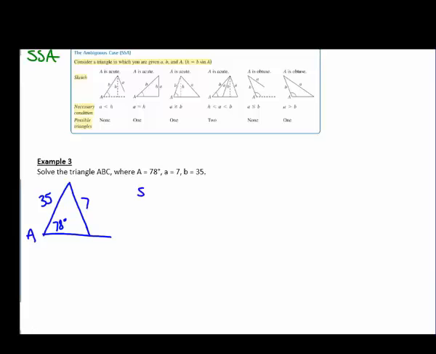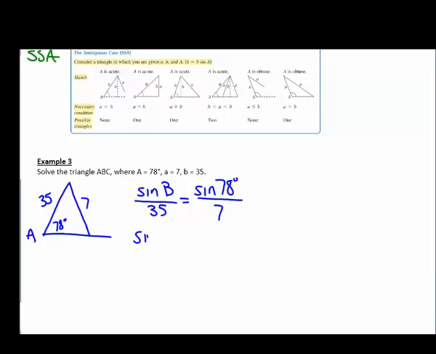So we are trying to find angle B, so I'm going to put sine of B over 35. With the law of sines, you can use the reciprocal of the proportions if you want to. I try to keep my variable in the numerator on top, so that way it's just easier to solve. And so I know that that is going to be equal to the sine of A, which was 78 degrees, over the side length of A, which was 7.